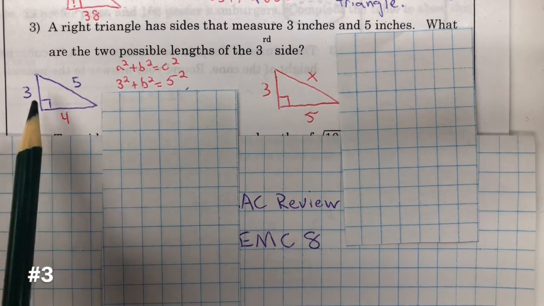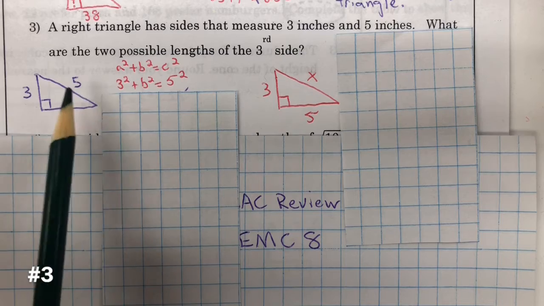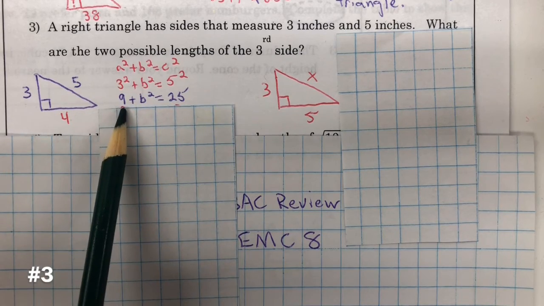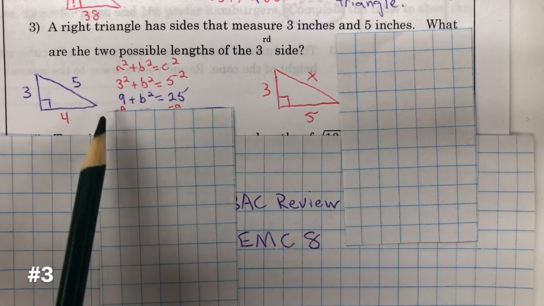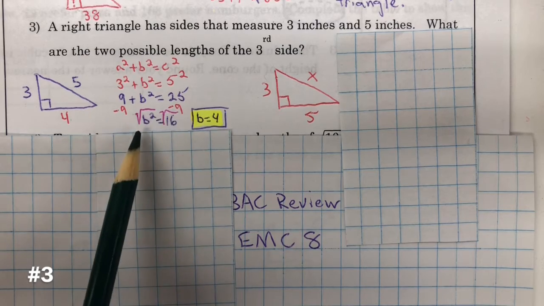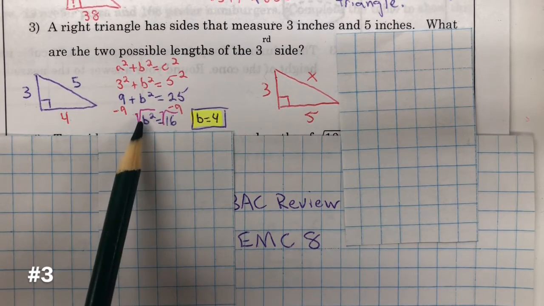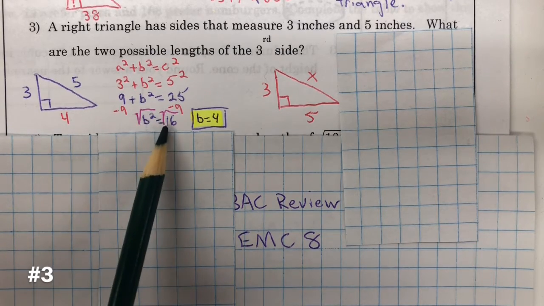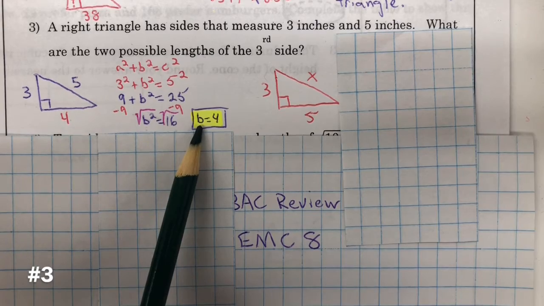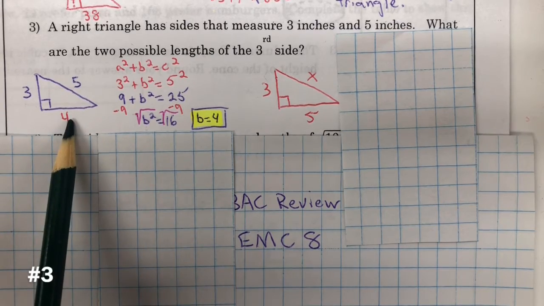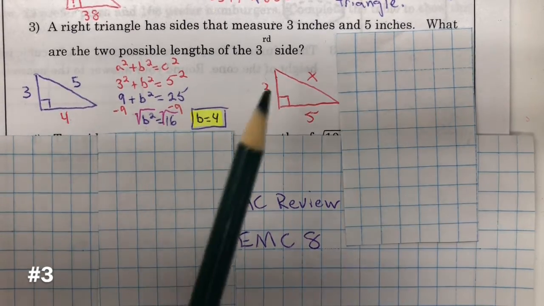So 3 squared plus b squared equals 5 squared. 9 plus b squared equals 25. Subtract 9 from both sides, and we get b squared equals 16. Inverse property of squaring is taking the square root. Those cancel out. Square root of 16 is 4, so b equals 4. That's one possible.